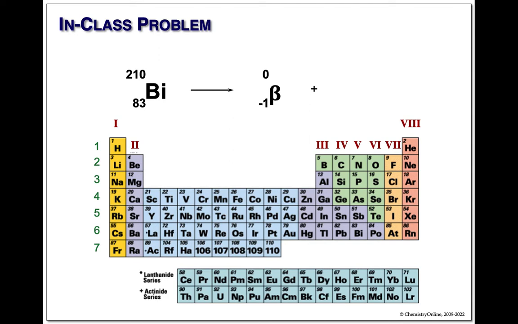That means the new element we form must be 1 greater than what we start with. So instead of 83, it's 84. These add up to 83. Okay, 84, who's that? Oh, we're here at polonium, Po. The mass number does not change, so this is polonium 210. Any questions?